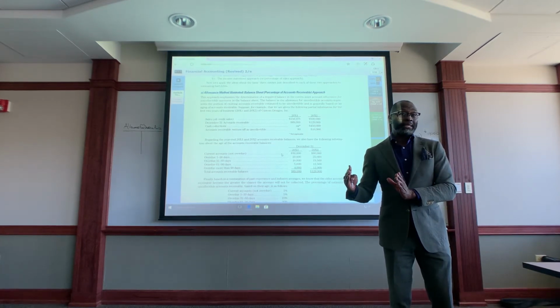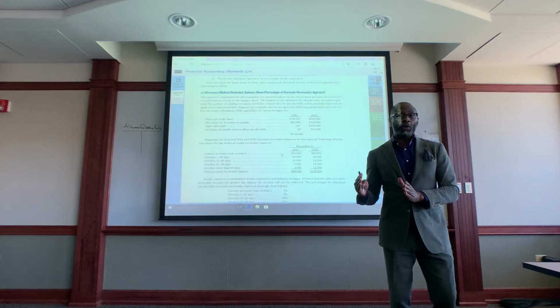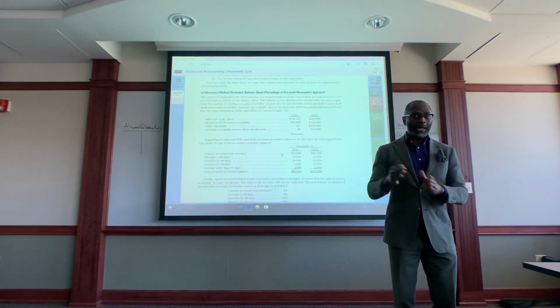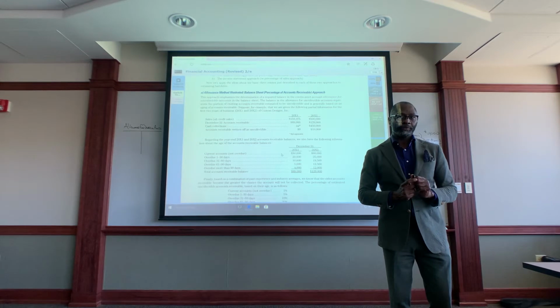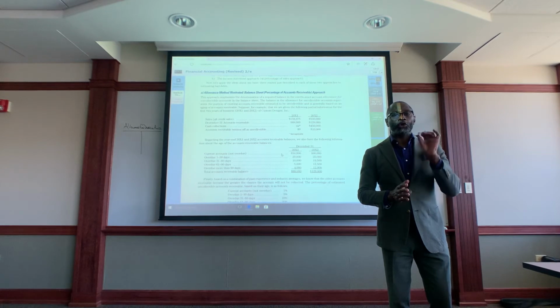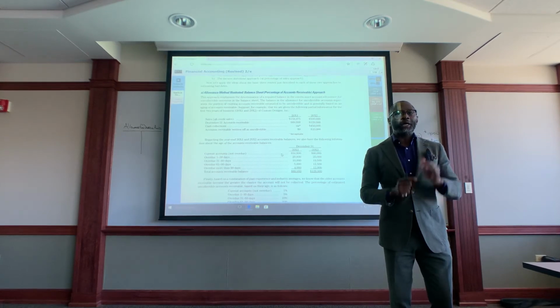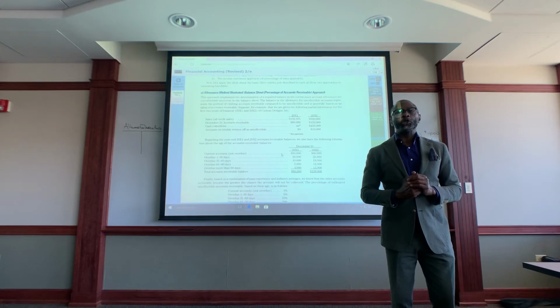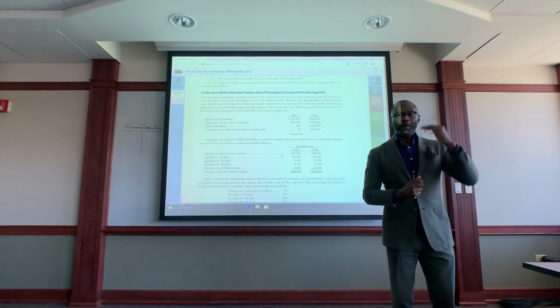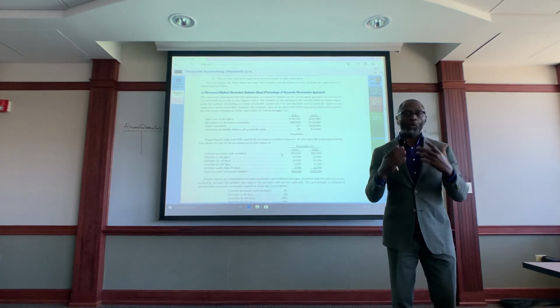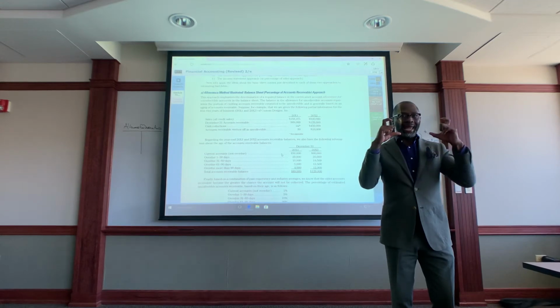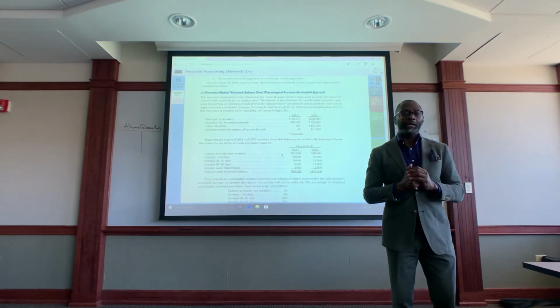Now, is that ending balance in the allowance account going to be a debit balance or a credit balance? You're right. It's going to be a credit balance. Why? It's a credit balance because it's a contra asset. What is the normal balance for an asset? You remember that from chapters 3 and 4.